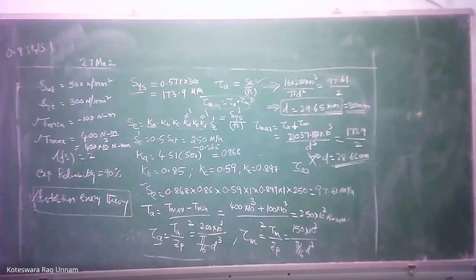So here the load is varying from 0 to maximum value. That means it is a repeated kind of load. Even though it is a repeated kind of load, still it is a fluctuating load. It comes under fluctuating load because sigma mean is not 0 even in case of repeated load. Okay, so the axial tensile force that varies from 0 to P max, full stop.